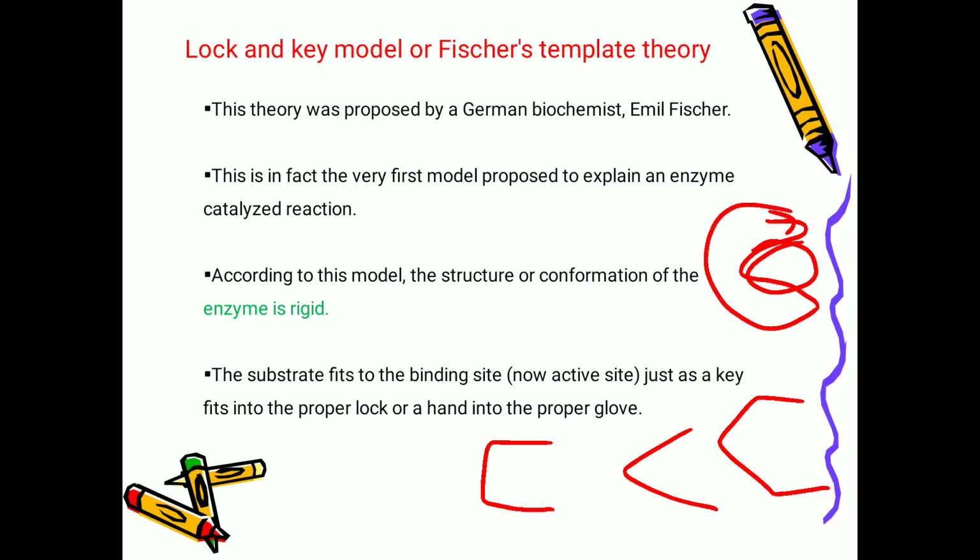So the active site of the enzyme is rigid so that only the particular substrate can bind at the active site of the enzyme. In this way, he explained the lock and key model. That key can be fitted in a particular lock only.